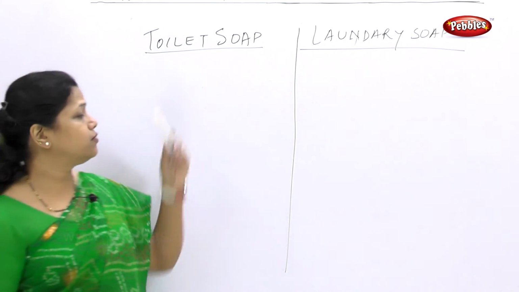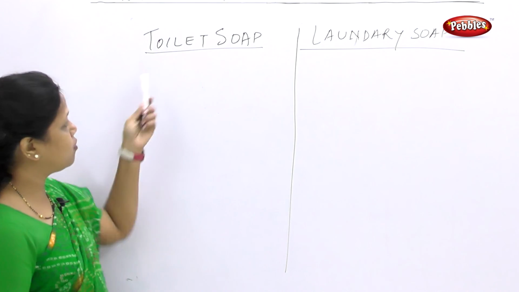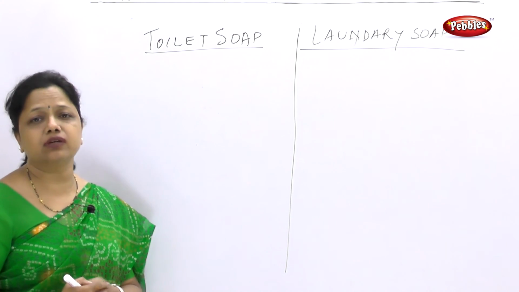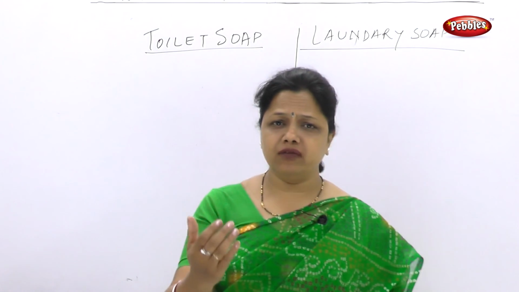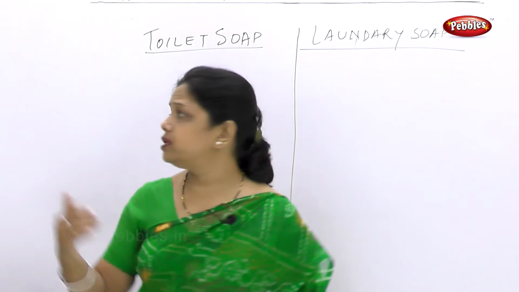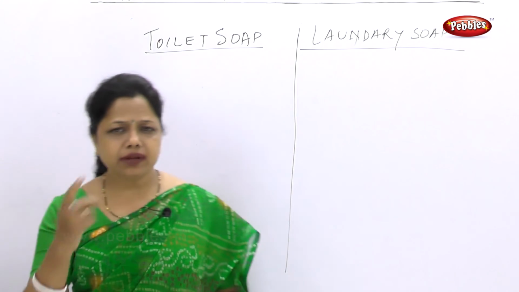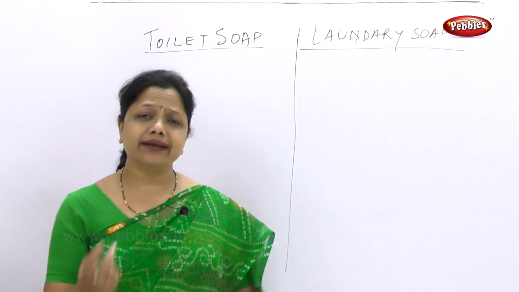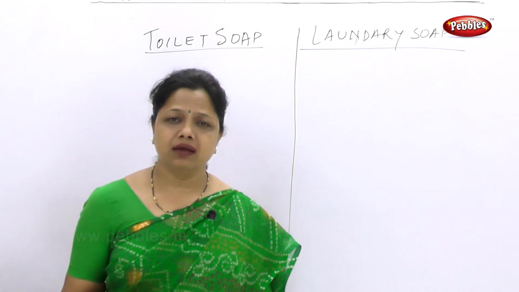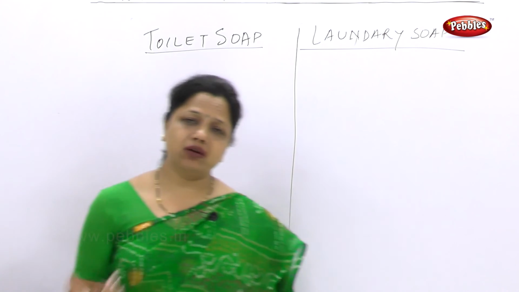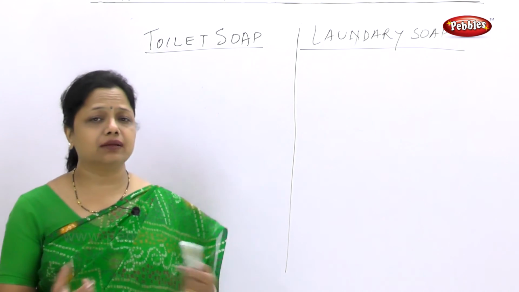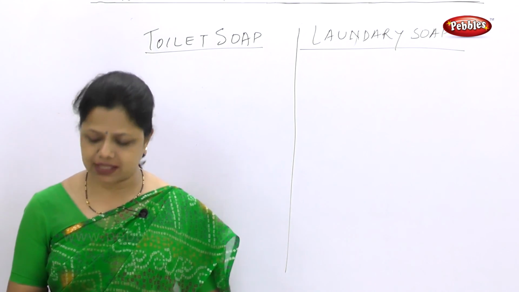The first difference is high quality of fatty acids are used here in toilet soaps. That means large amount of very high quality of oil, very high quality of fats is used in making this toilet soaps. What can be the reason for it? Because we are directly using over our skin. We cannot use a very low quality fatty acids, or we cannot use very low quality of any other product which may affect our skin sensitivity.